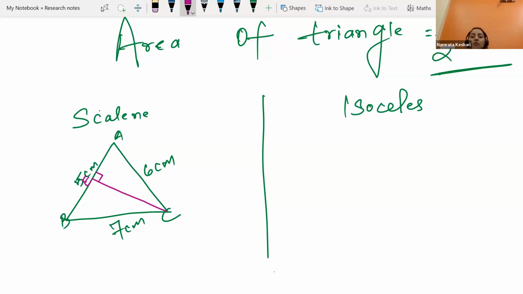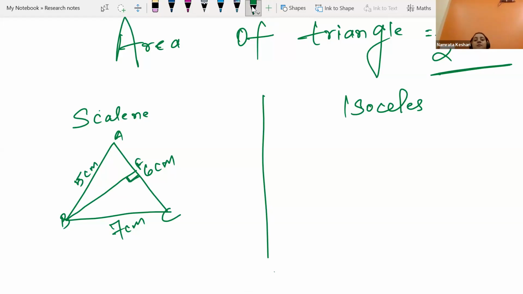Now if you drop the perpendicular from the vertex B like this, and you say this is 90 degree and the altitude you have drawn over here, then this BF is the height and AC is the base. Base means the side on which you are dropping the perpendicular.